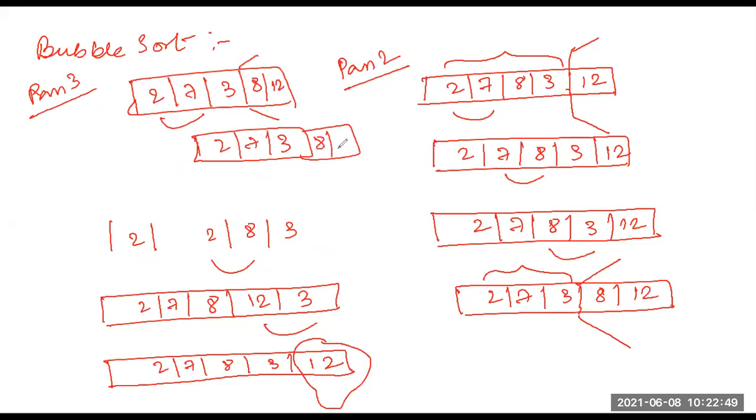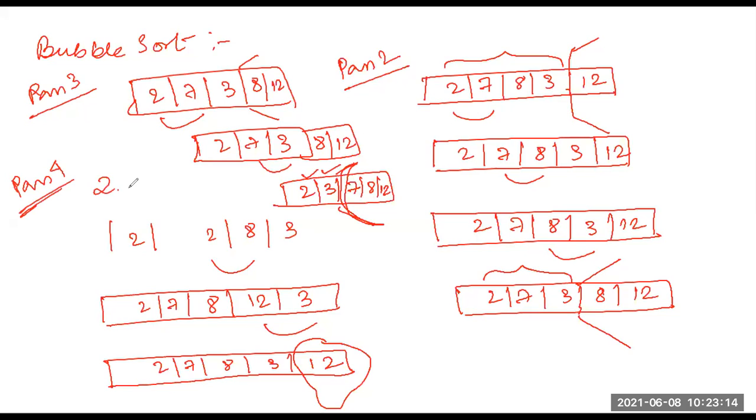Then I compare 7 and 3; change is required. Now we have 2, 3, 7, 8, 12. After this, this section is already sorted. In pass 4, I only have two elements, 2 and 3. I compare them and see that they are at the right positions. So after pass 4, I get 2, 3, 7, 8, 12. All the elements in my array are now sorted, which was earlier not sorted.